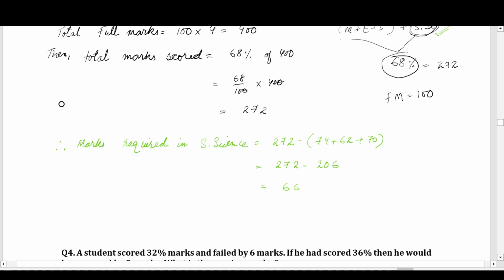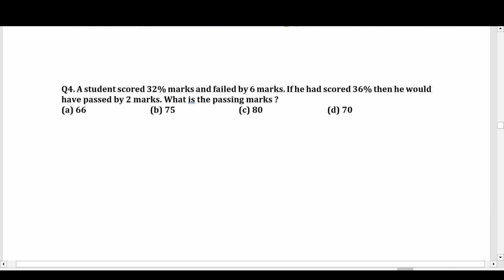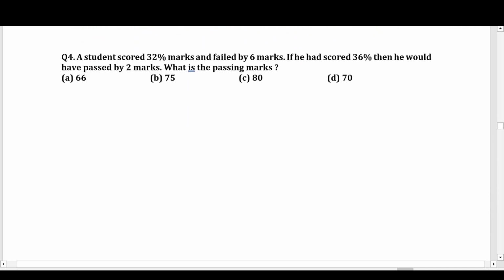Now question number 4. A student scored 32% marks and failed by 6 marks. If he had scored 36% marks then he would have passed by 2 marks. What is the passing mark? Let the pass mark be found from the full mark.